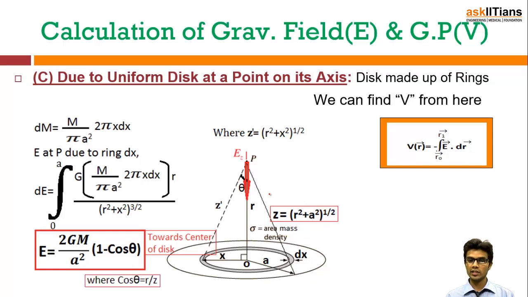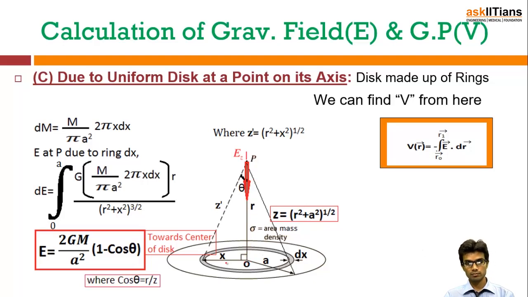axis. We know that the disk is made up of rings. So this is a disk. Let us consider a disk of radius a, and also consider a point on its axis, point P, at distance r from its center.